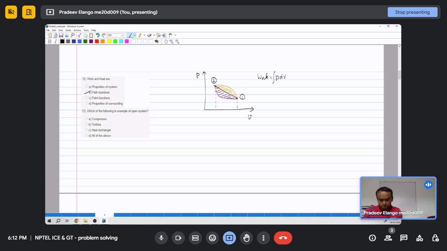So that is why we say work is a path function, and the same goes for heat also. For heat, if you draw in the T-S diagram, the same goes. Here also Q is integral TdS, and it depends upon the path that you follow.